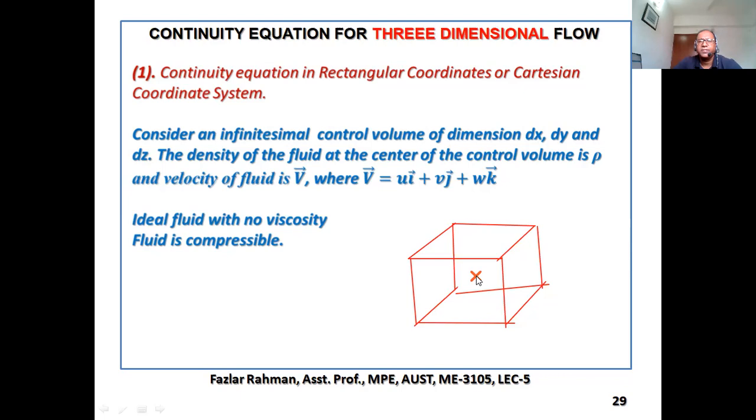If I draw the axes, this is the vertical axis, this is the horizontal axis, and this is the third axis. The fluid element has three components of velocity: U, V, W, and the density at the center is rho.